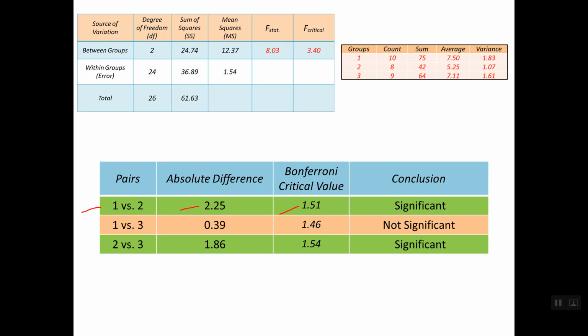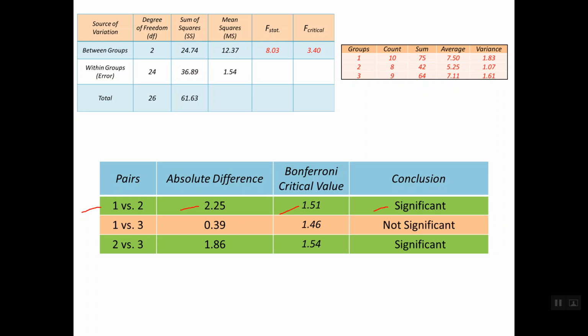So the absolute difference in the two means is greater than the Bonferroni critical value. So we conclude that we have a significant difference between the two means, which means that the mean for group 1 is not the same as the mean for group 2.